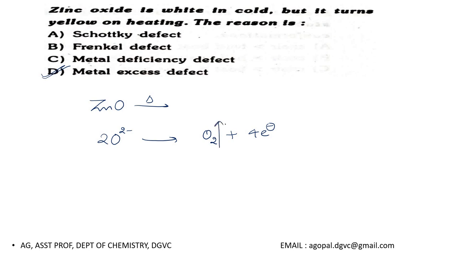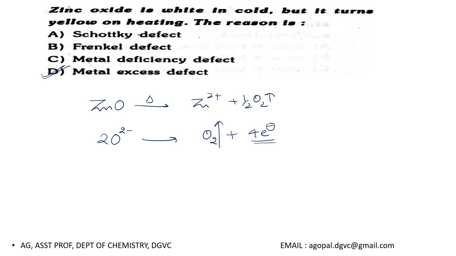So oxygen gas is evolved, right? On heating zinc oxide, you'll get zinc ions, oxygen gas is evolved, and you'll get free electrons. These electrons will occupy some of the anion vacancies present in the crystal. So you'll get F center defect here.